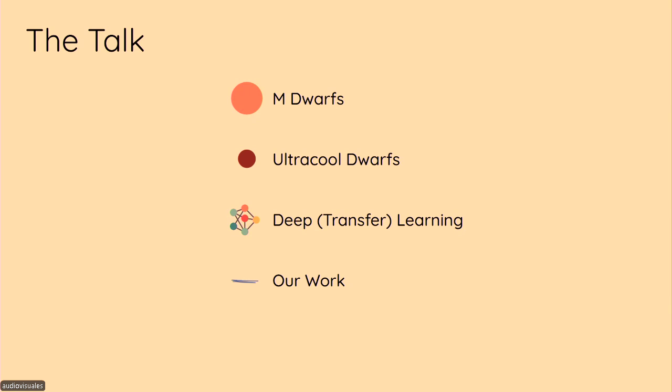Then we will introduce the techniques that we use to do this science, which includes several techniques of deep learning and deep transfer learning, including autoencoder neural networks and convolutional neural networks. And we will see how we can use these techniques to study this kind of objects. After this introduction of the science and techniques, we will go into our actual work, the results that we have obtained, both in the analysis of M dwarfs and ultra cool dwarfs.